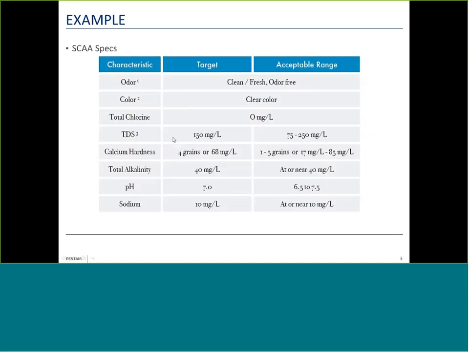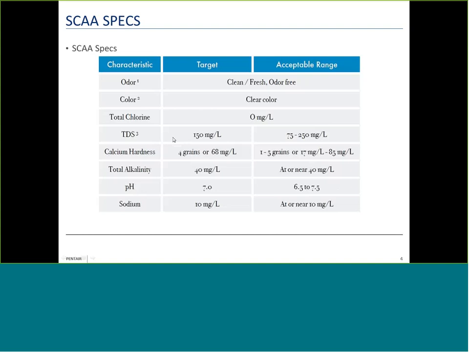So then we look at these numbers, and we're going to go back to that original analysis and look. The TDS is a little low, alkalinity is a little low, and hardness is right in the proper range. pH is a little high, so we're really close to what this standard meets. With this water quality close to the SCAA specs, we're going to meet the OEM's warranty specifications, in this case for coffee.